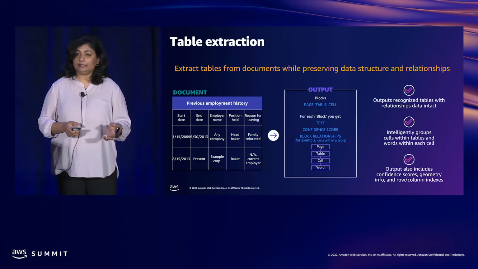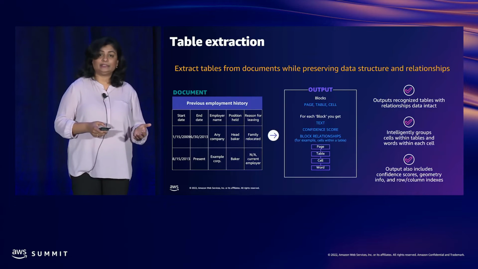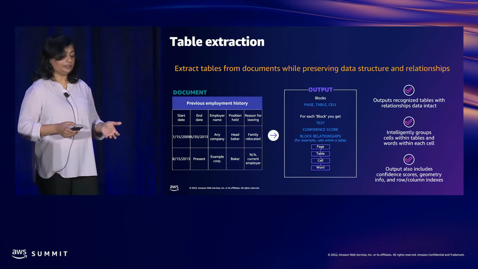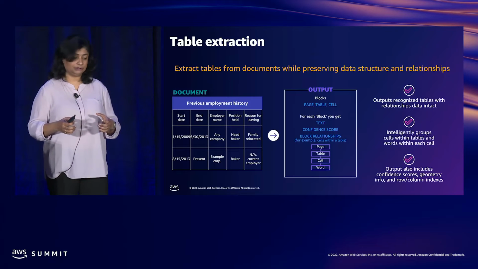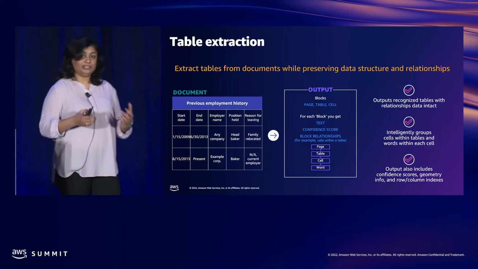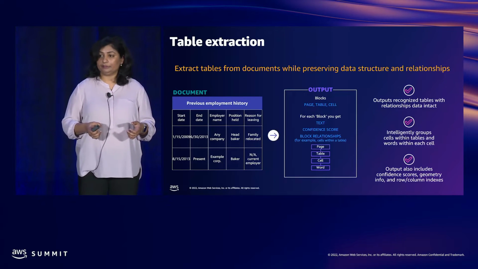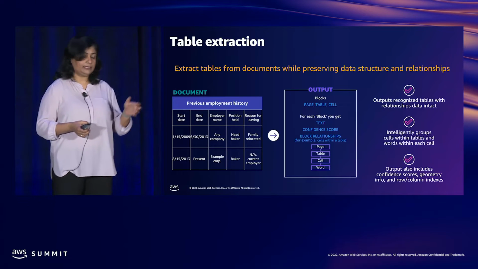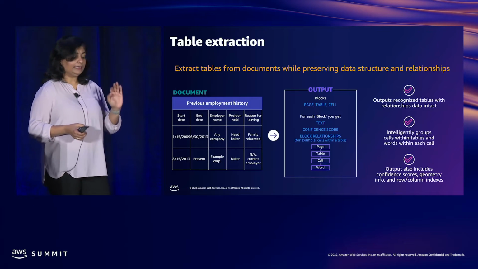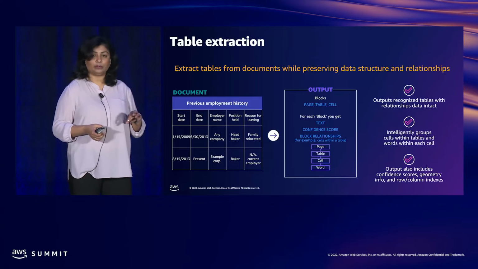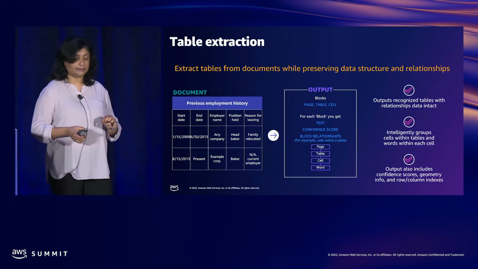Next, we have the table extraction. Table extraction is extracting tables from documents, and it preserves the data structure and the relationship. You can use the Analyze Document API for it with the feature type tables. When you pass that, you get out of it three blocks: page, table, and cell.